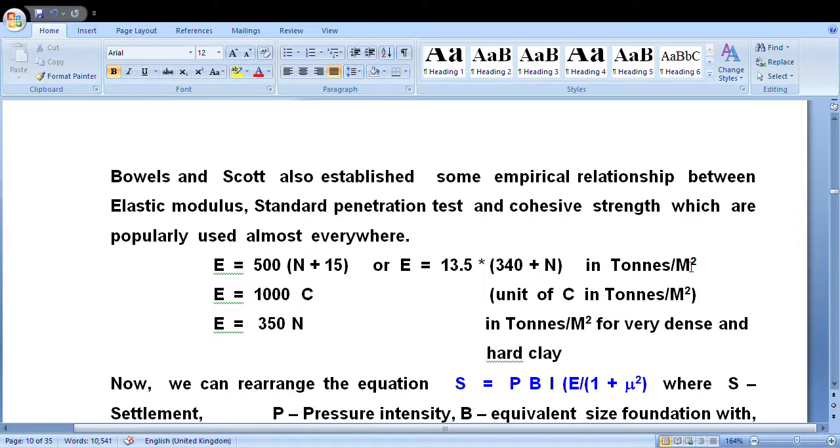So consider all these factors. We should cross-check with this empirical relationship to confirm whether our value is almost the same. There may be variation, but variation should not be more than 50%. If it is within 10% or 15%, either value we can adopt. But in case of 50% variation, it is very unwise to use that value.